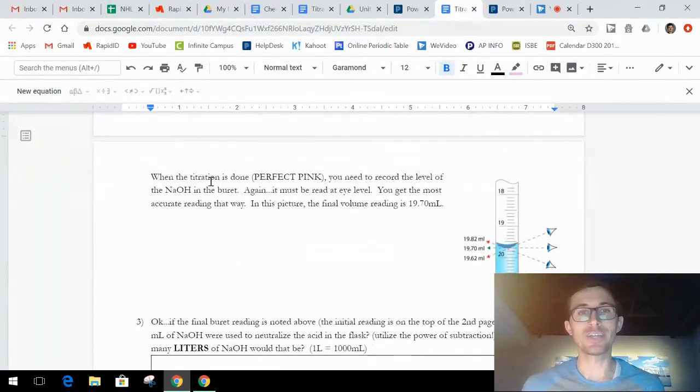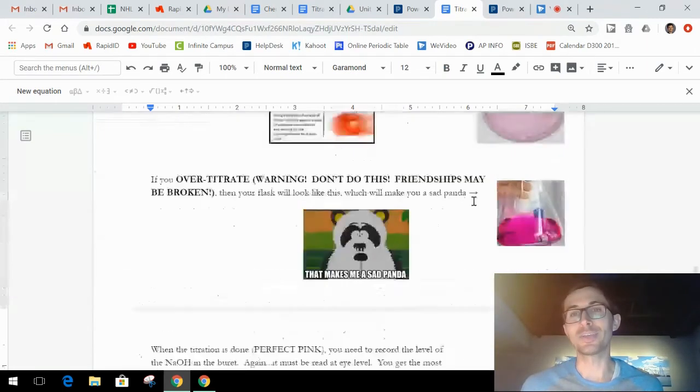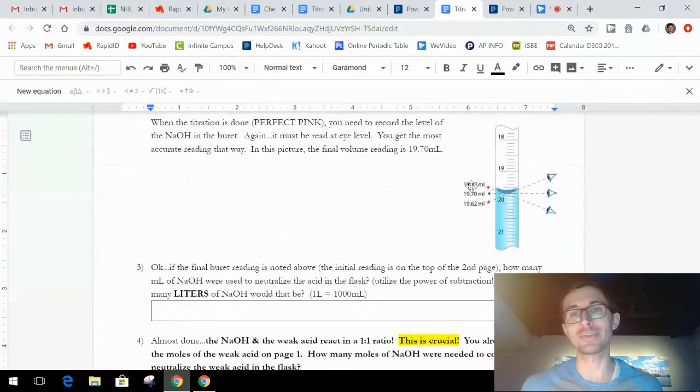So when the titration's done, in other words, a perfect pink is visible, you need to record the level of the NaOH in the burette. Again, the level itself doesn't tell you how much is used. The original reading was 6.63 milliliters, but the new reading of the burette is 19.70.